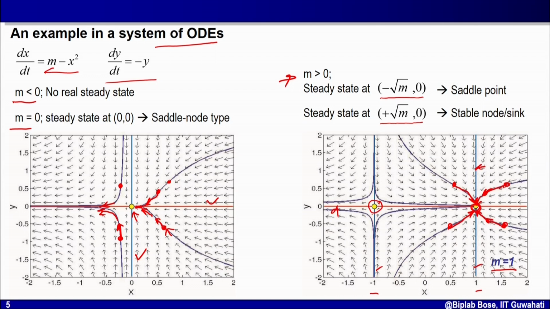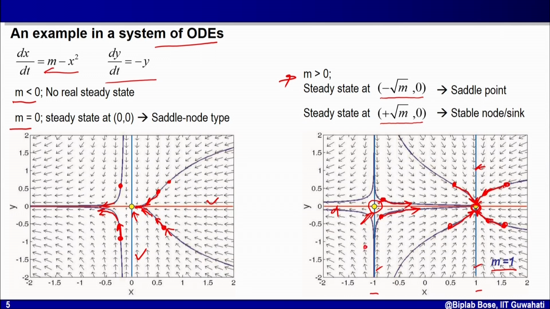But that's not true for the other steady state, this one, minus 1, 0. If I am there at minus 1 and 0, I will stay at that steady state. But if I disturb slightly, for example, if at t equal to 0 the system is at this dot, then with time the system will move away from the steady state. If I have the system here at t equal to 0, with time it will move away.